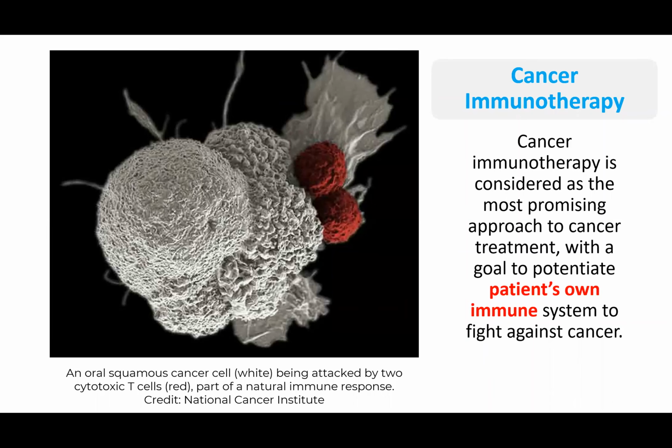This is the concept of cancer immunotherapy. So here, we only potentiate, stimulate, or activate the patient's immune system in order to be able to attack and fight cancer cells. Like we see in this schematic, the immune cells, T cells, in red color, attack the cancer cells in white color.